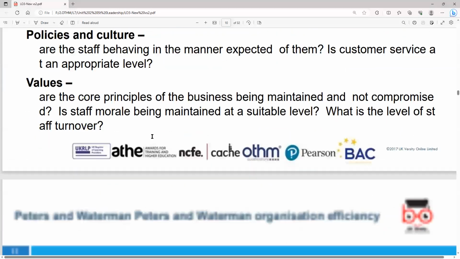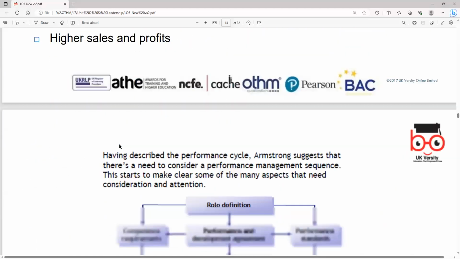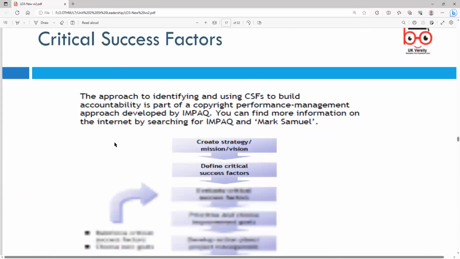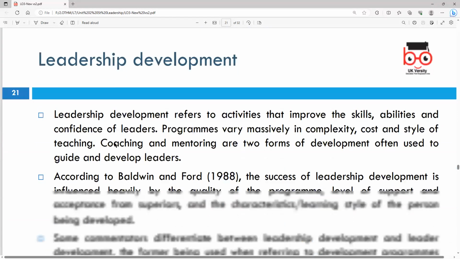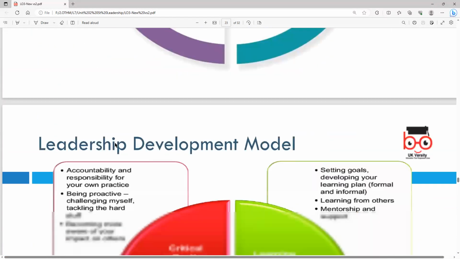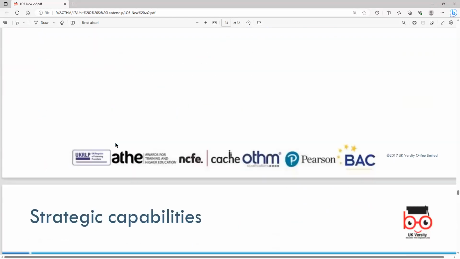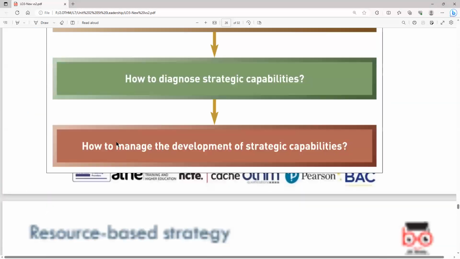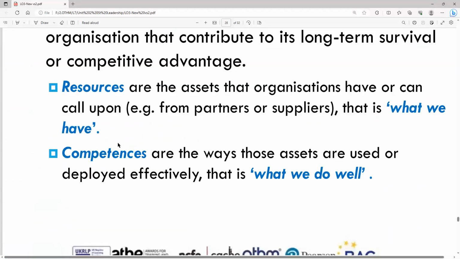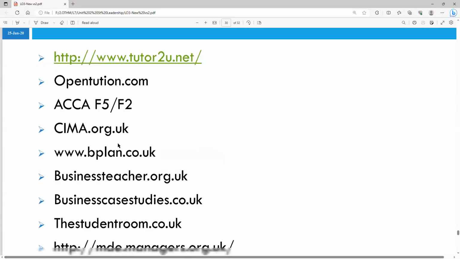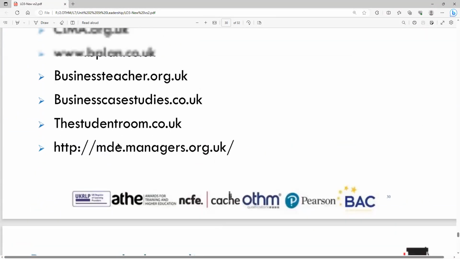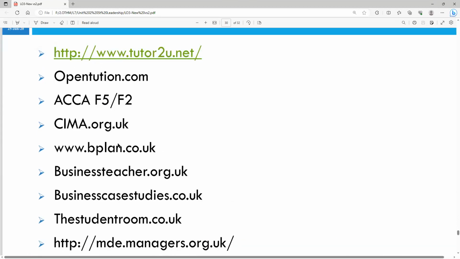You are to look at the resources that there are on the Moodle. For example, there are ebooks, there are internet links, there are resources that you can use in terms of looking at this subject. So we've got some books, and you can look at www.tutor2u.